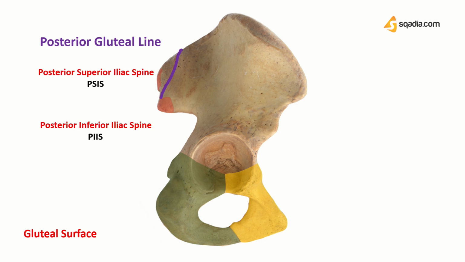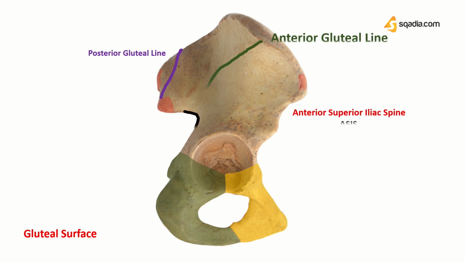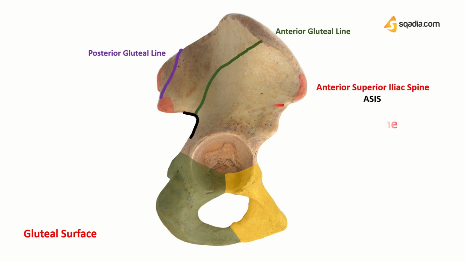Then we have the anterior gluteal line, which is the longest, and it begins about 2.5 centimeters behind the anterior superior iliac spine and ends at the border of the greater sciatic notch. And lastly, we have the inferior gluteal line, which starts behind the anterior superior iliac spine and ends at the apex of the greater sciatic notch.